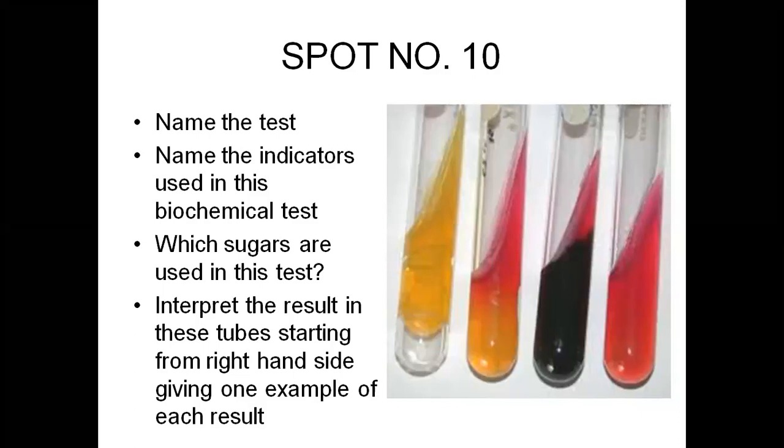Yellow means that there is an acidic environment, and blue means that there is a basic or alkaline environment. The agar is CLED, and its use is for culture of urine samples. Why? Because it differentiates lactose fermenters from non-lactose fermenters.